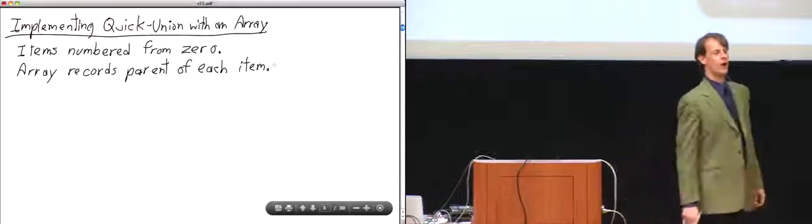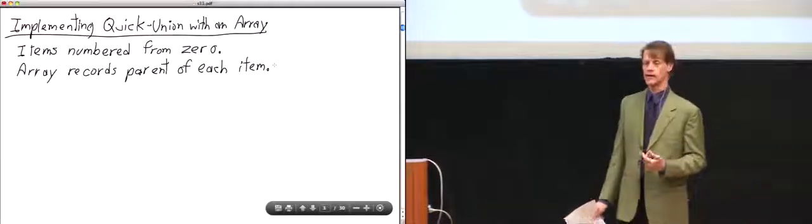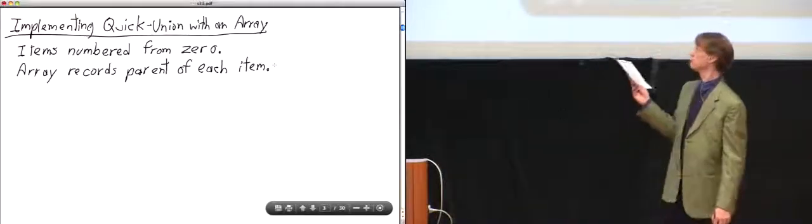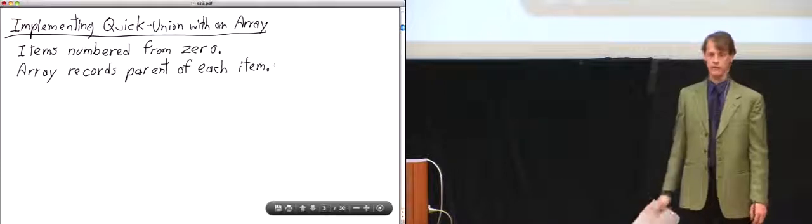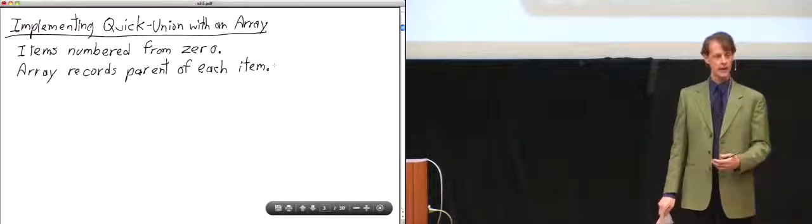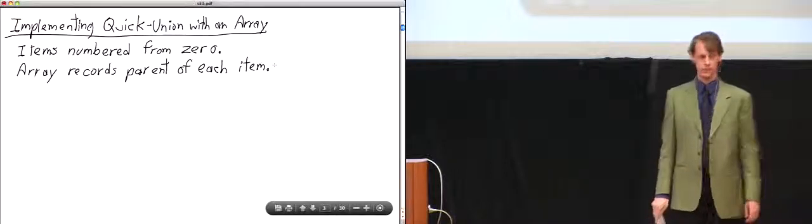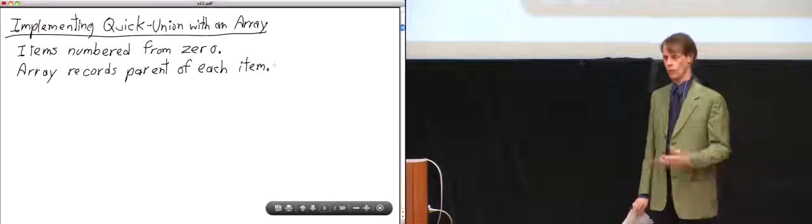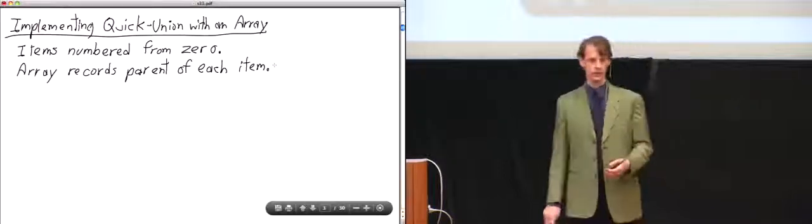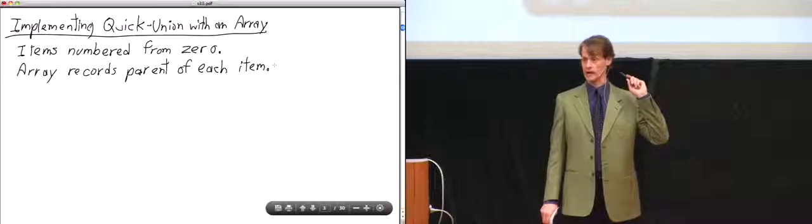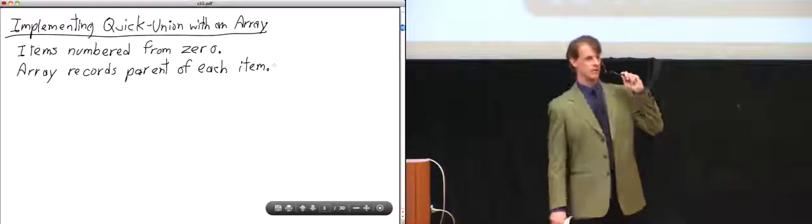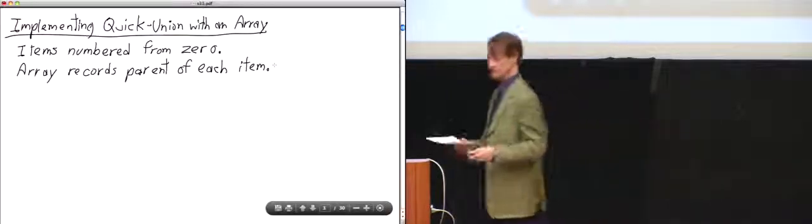But we're not just going to use the array for that, because some items do not have a parent. Those happen to be the items that are the roots of the trees, where we want to store the size of the tree so we can do union by size. So I'm going to store the sizes in the same array.